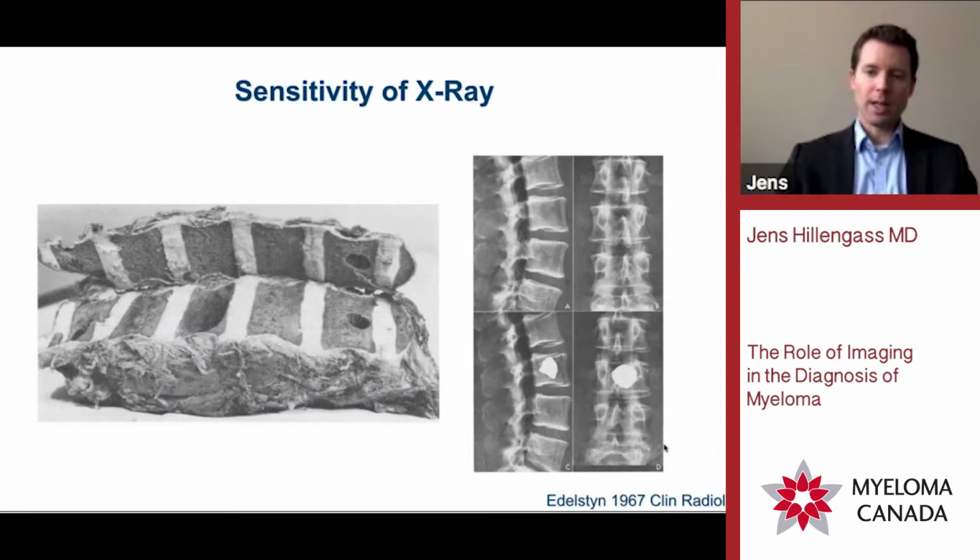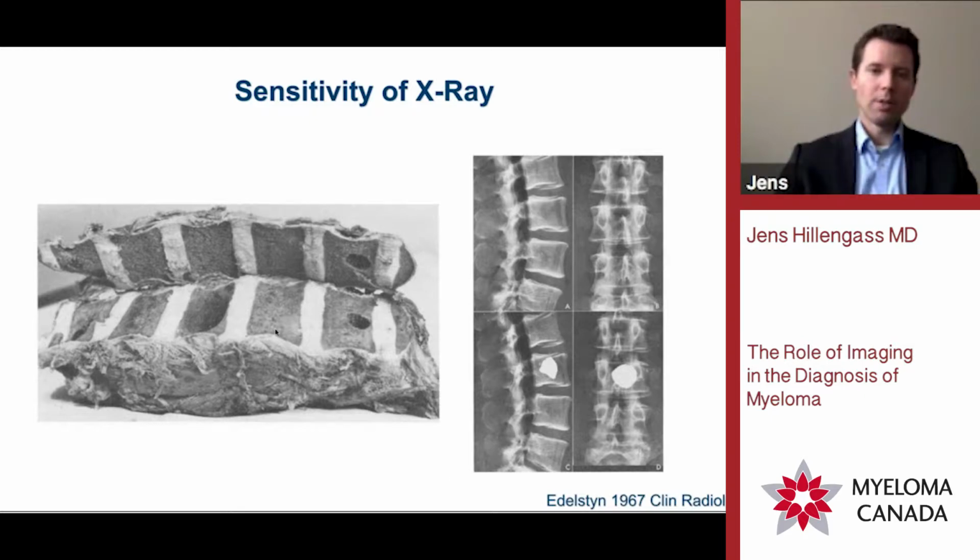This is a very old study, as you can see here. It was already in 1967, and they had the idea to detect the sensitivity of conventional X-ray for detecting osteolytic lesions, which can also occur in other cancers. So they took the spine of a corpse and drilled holes in the vertebral bodies.